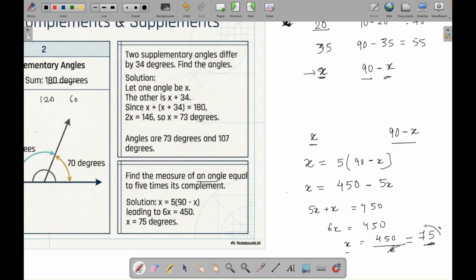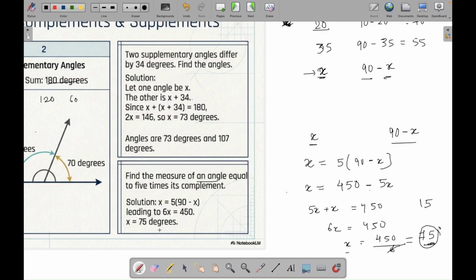If an angle is 75, what is the complement of that angle? No, that is the supplement. Complement is 90 degrees. The sum should be 90. Yeah, it will be 15.